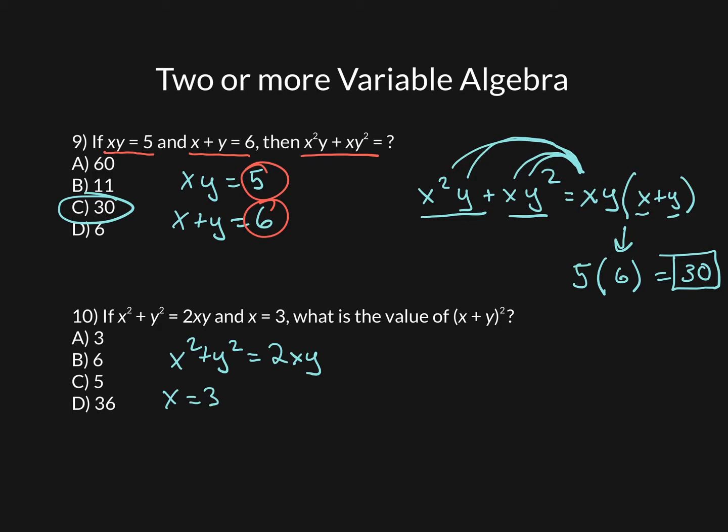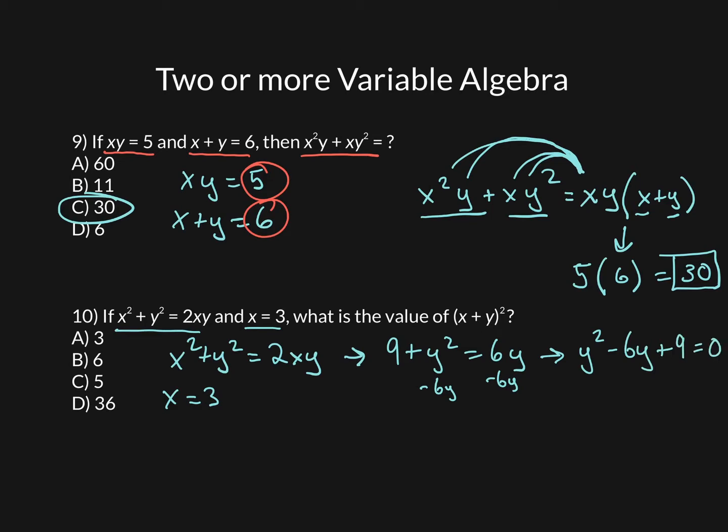In this problem, I would replace my x's with 3 initially, within the two equations that were given, and then simply get 9 plus y squared equals 6y. Now here I'm starting to see that we've got a quadratic, so I want to set it equal to 0. So it's minus 6y on both sides, and that would give us y squared minus 6y plus 9 equals 0.